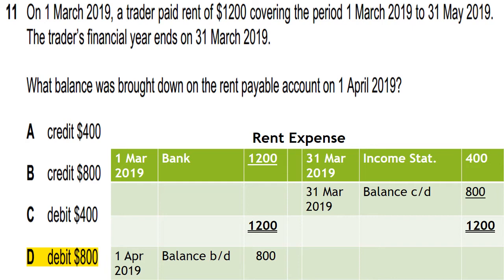The remaining will be prepaid rent expense, and only $400, because when we divide $1,200 by 3 months, that will be $400 per month. $400 will be transferred to the income statement as an expense, closed in the income statement, and the remaining 2 months, $400 plus $400, will be prepaid expense.